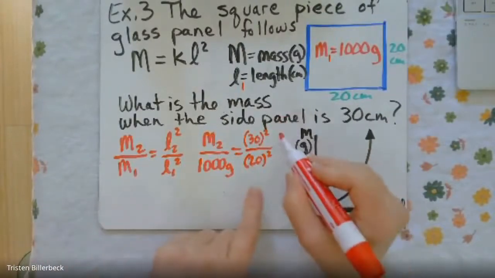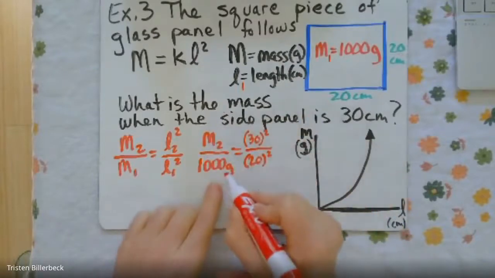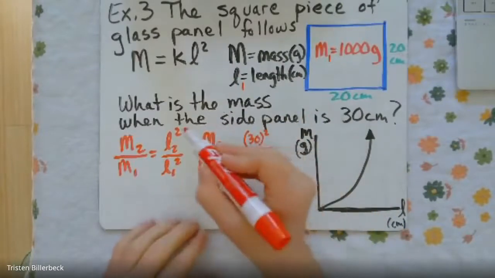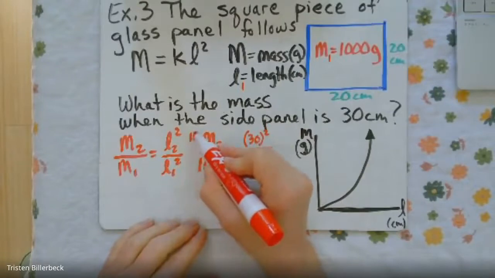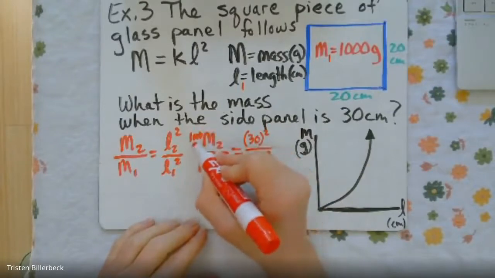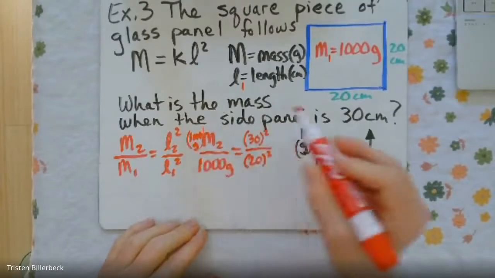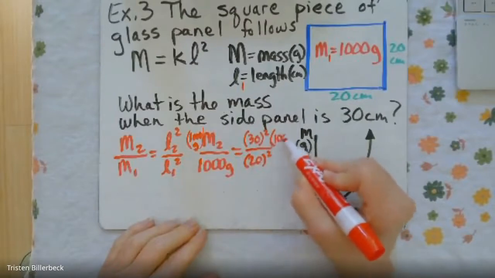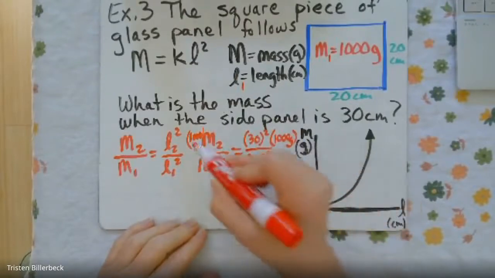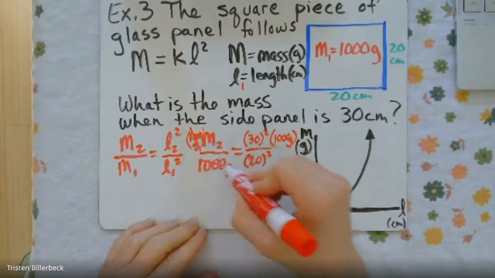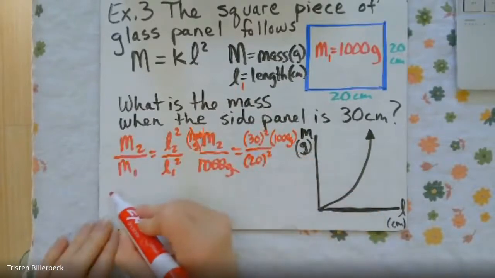So then what we have is we're going to multiply both sides by 1,000 grams. And that's going to cancel that out. So we have M2.